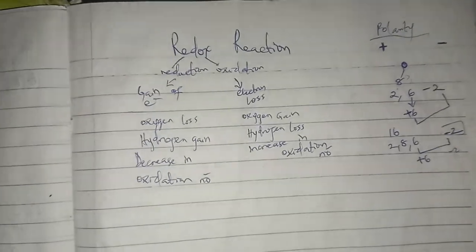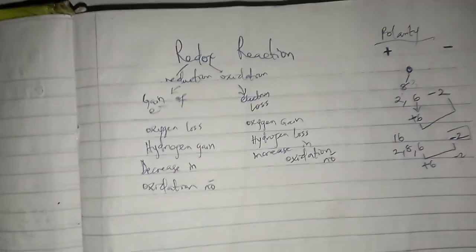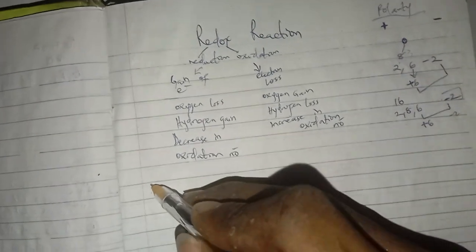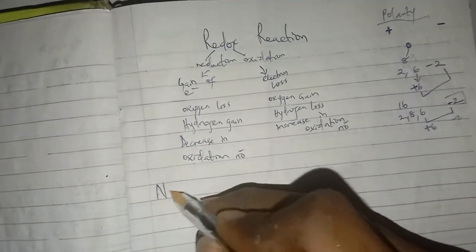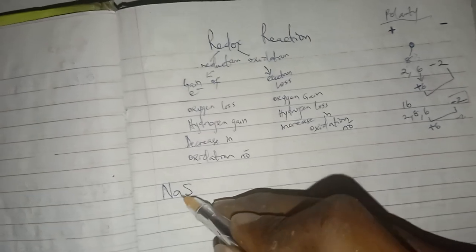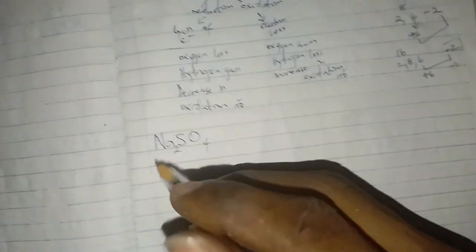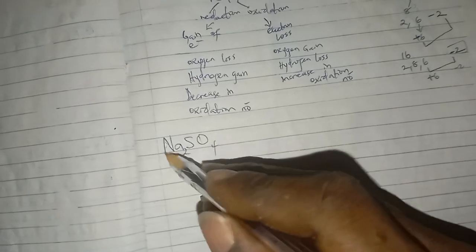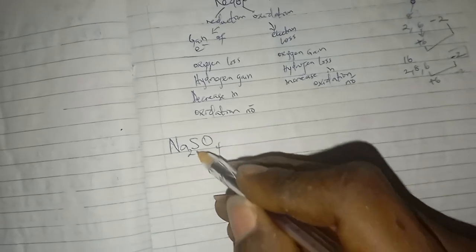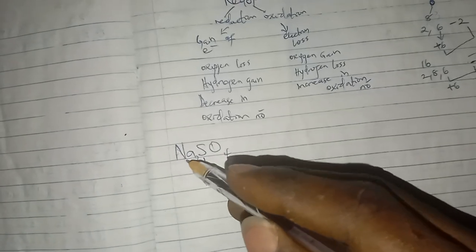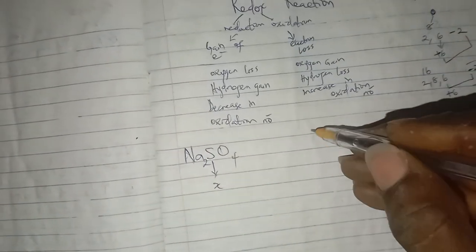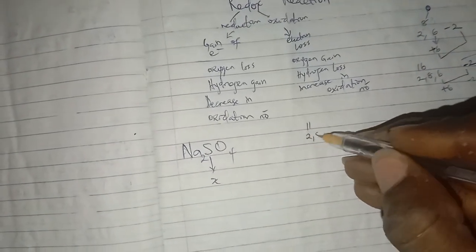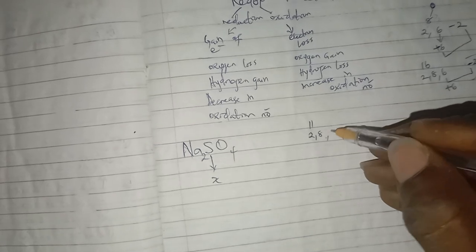So if I know this, a question can come, they tell you find the oxidation number of sulfur in Na2SO4. Now to do this, you call sulfur X. Now notice sodium is number 11 in the periodic table, which means it will have 2, 8, 1.